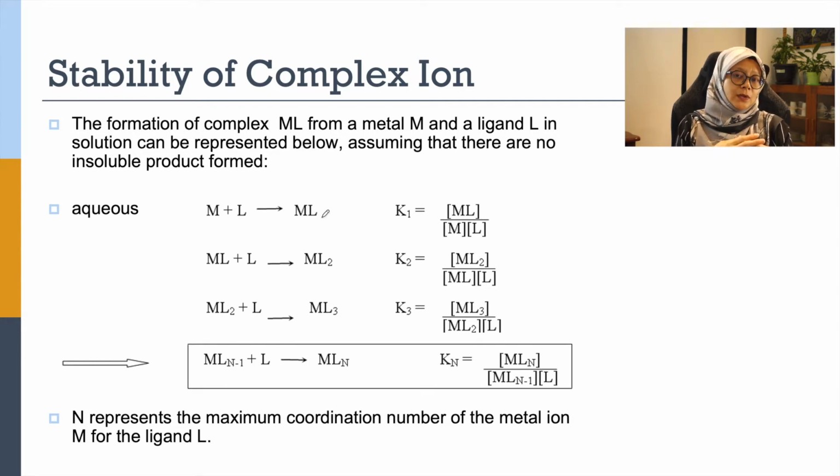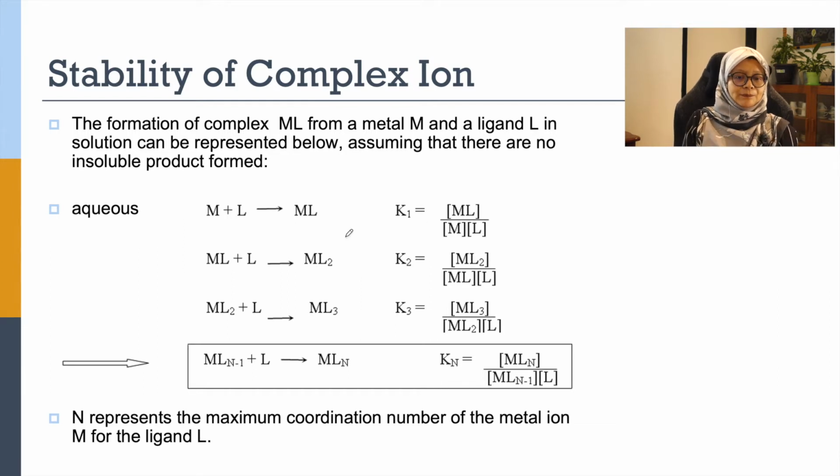In this case, the stepwise constant K1 for this reaction will be the concentration of the product divided by the concentration of the reactants, so we have the concentration of M times the concentration of L.